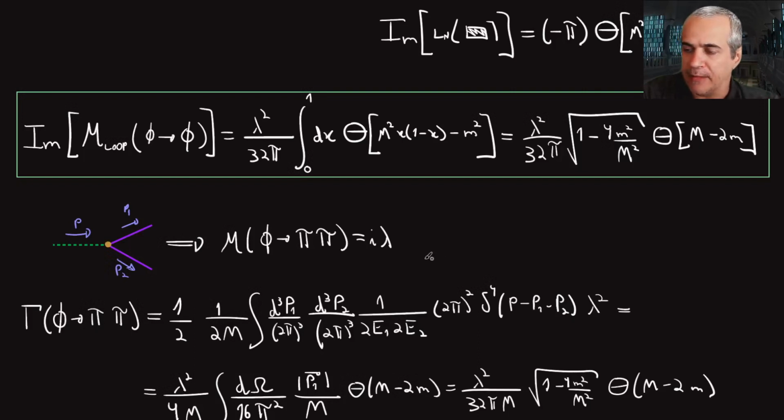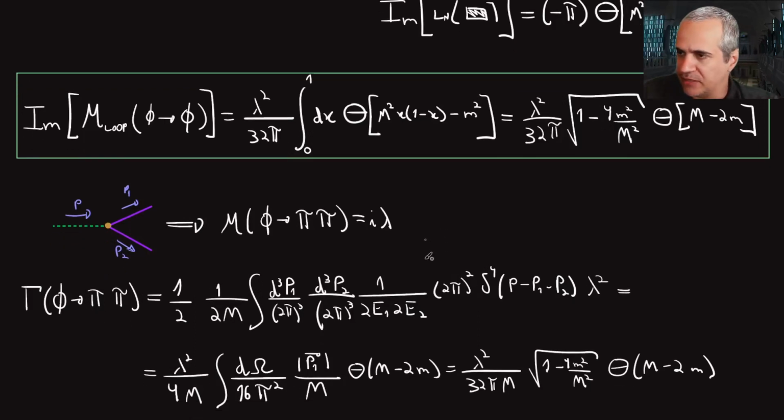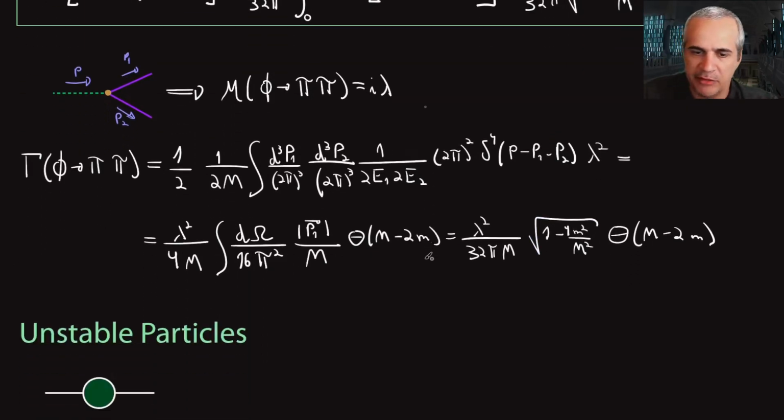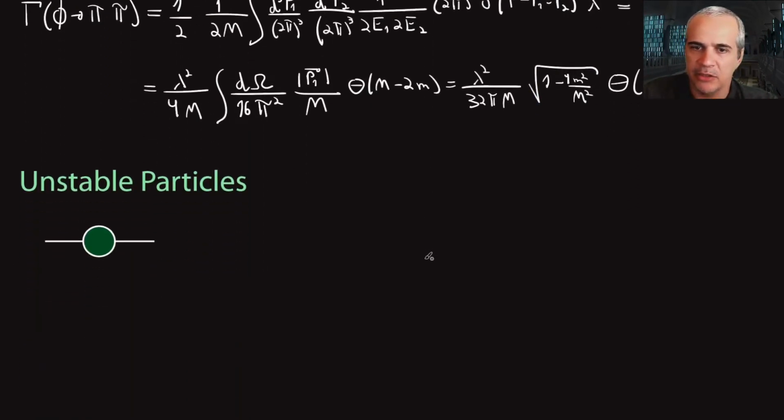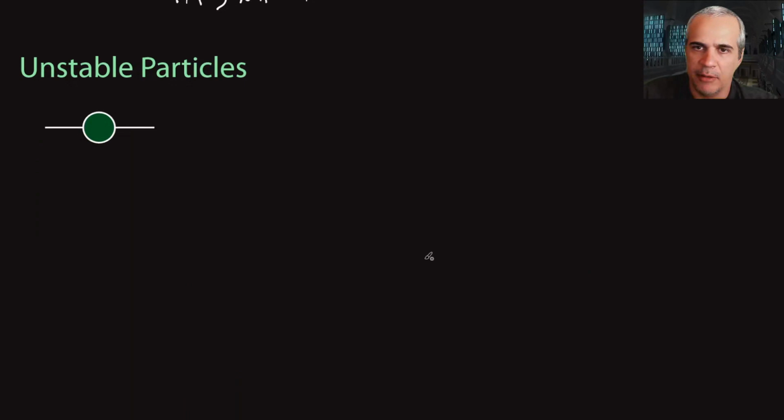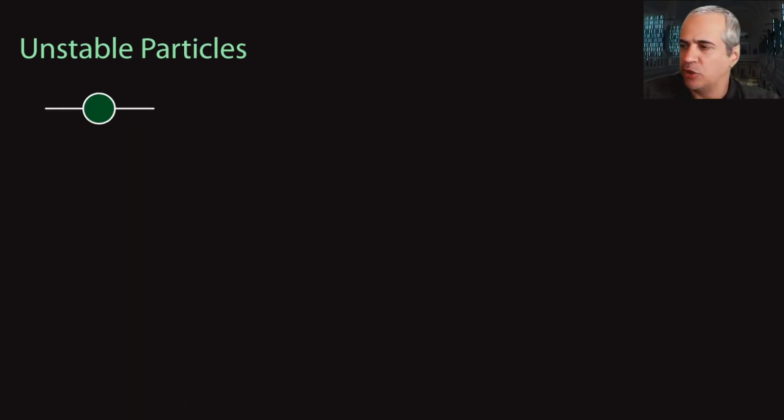So now, as a final subject for today, we want to finally go back to the unstable particles. If you remember well, we have resummed the full propagator for scalar particles, and we have found that this full propagator can be expressed in this way, p squared minus m squared, in the renormalized theory.